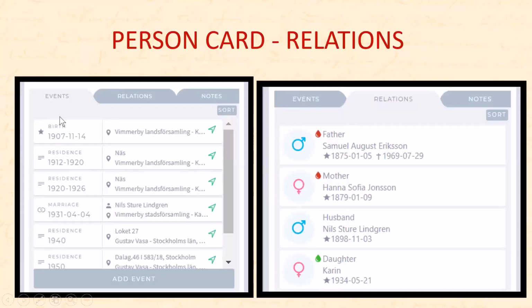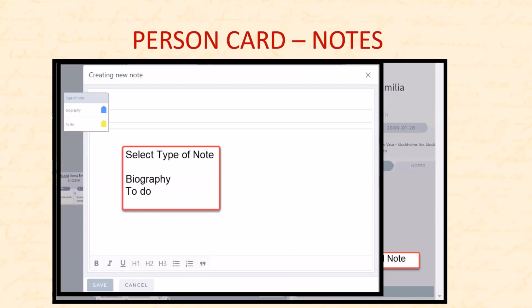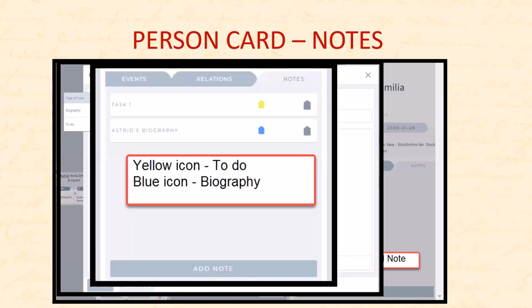Under the event tab in the person card, we just have the events that have been recorded in the tree for that person. Also under relations are the persons that are in that tree. But you can also create a note. When you do that, the new note box opens. You click on add note, and there are two types of note, a to-do list or a biography.